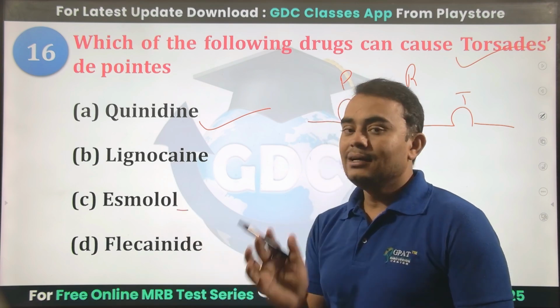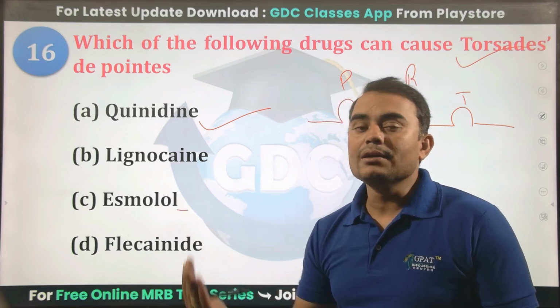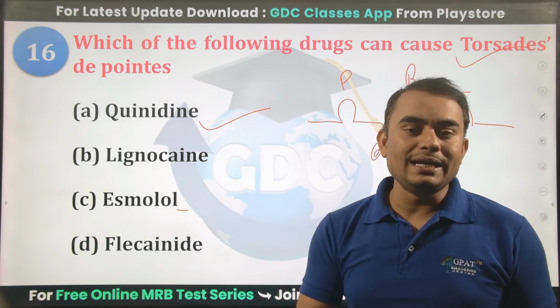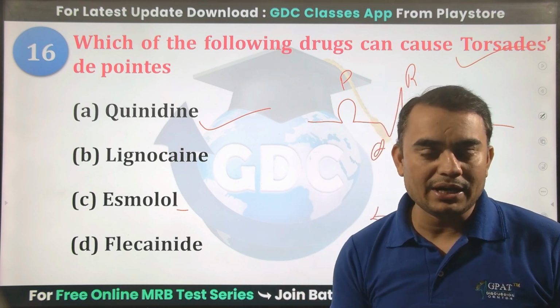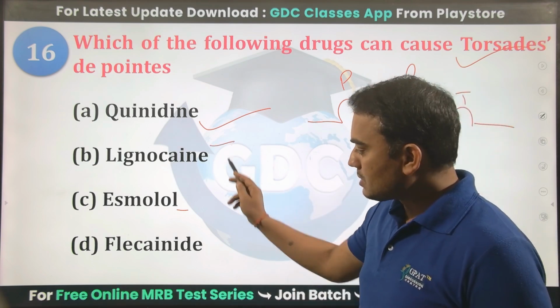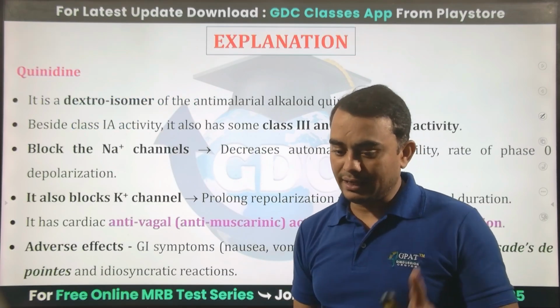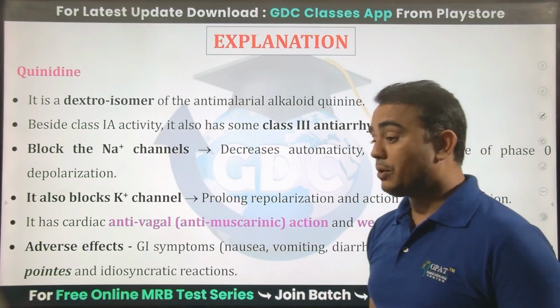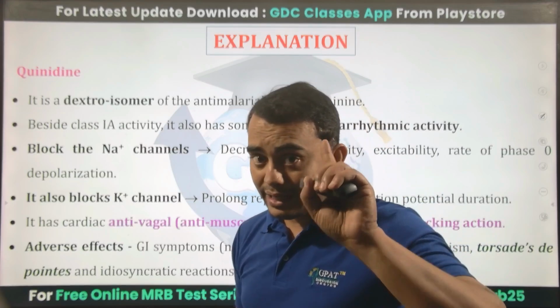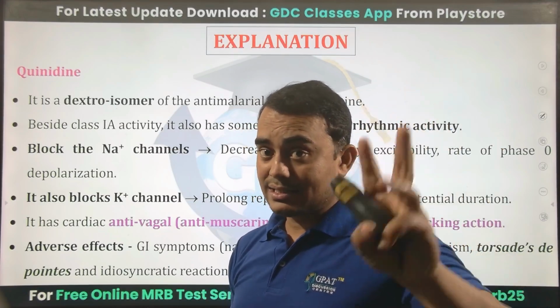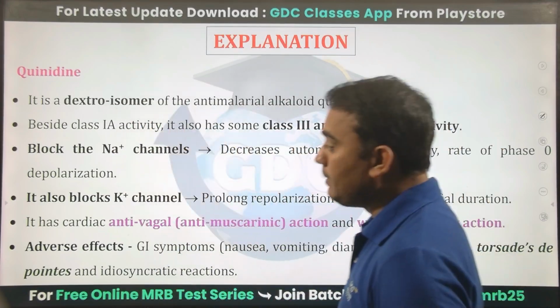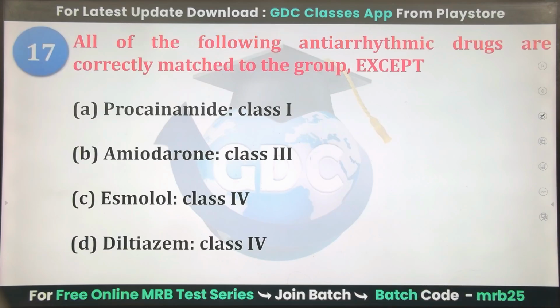Esmolol comes under class 2. Class 3: bretylium, ibutilide, dofetilide, amiodarone, sotalol. But these do not all cause torsades de pointes. The correct answer will be quinidine. So according to the classification, you can easily find that 1A class drugs and third class drugs cause QT interval prolongation. Next question.